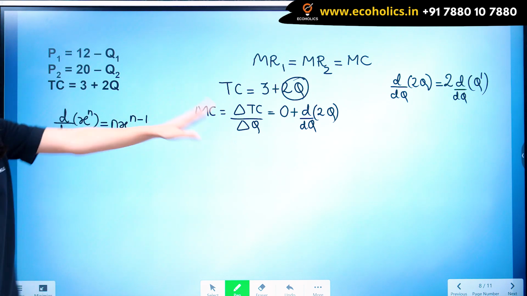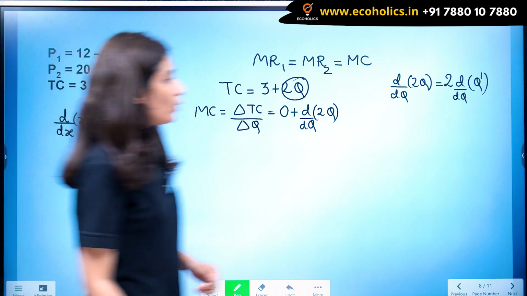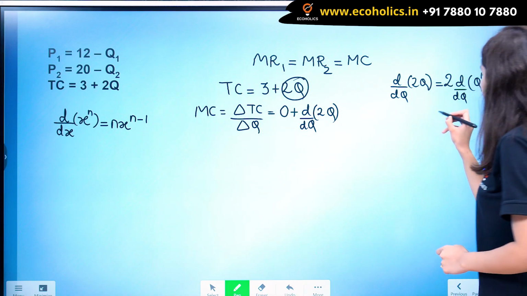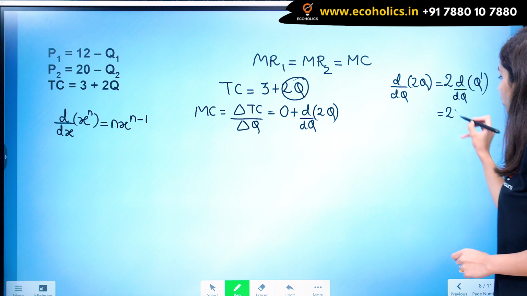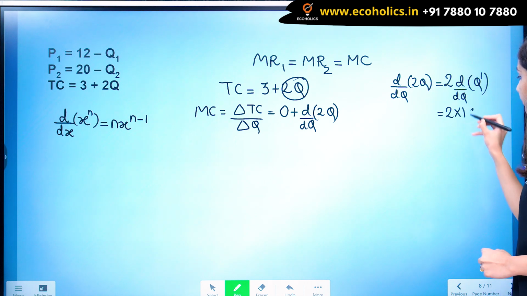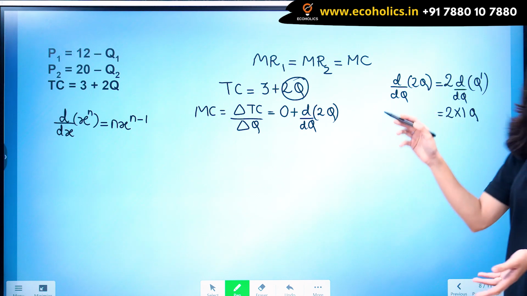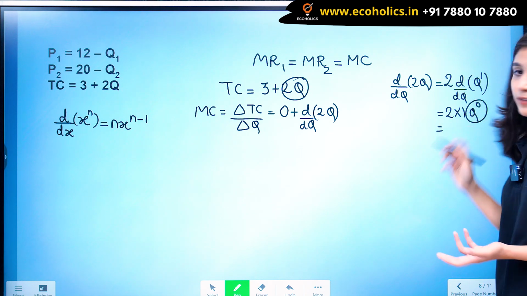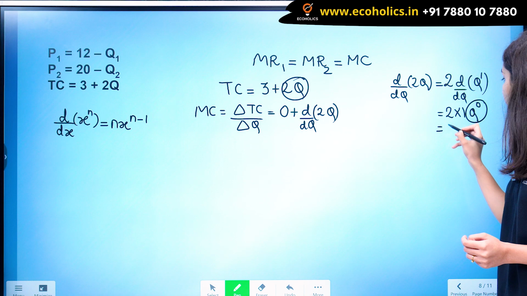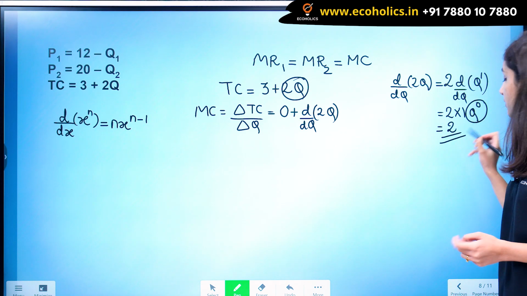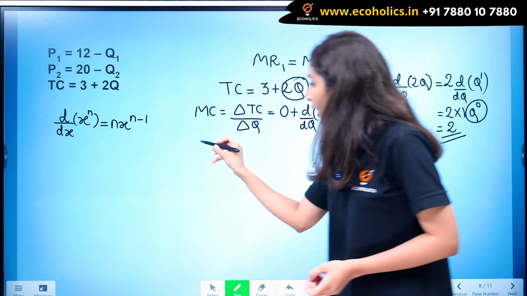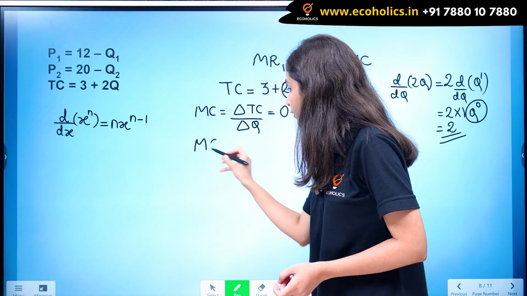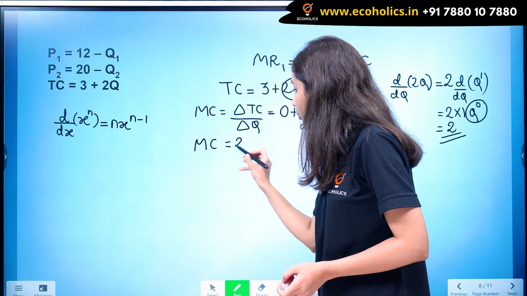In this case, n is 1. So we get 2 into 1, Q raised to 1 minus 1 is Q raised to 0, which is nothing but 1. So we get 2. Our marginal cost becomes equal to 2.